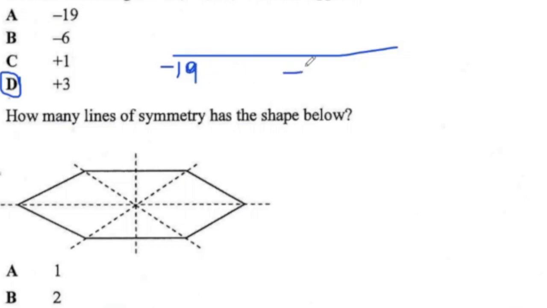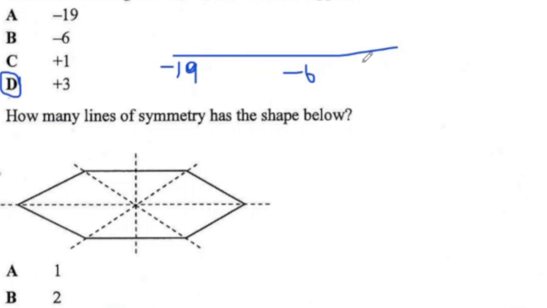Then negative 6 will be here. This means that this number is on the right side of negative 19, so this number is bigger than negative 19. So negative 6 is bigger than negative 19.